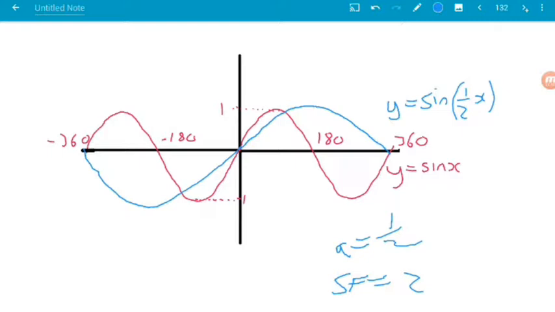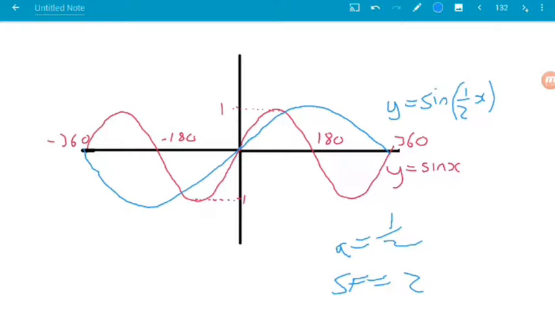Let's label some coordinates. What we can also see is that whereas we had 2 peaks and 2 troughs with y equals sine of x between minus 360 and positive 360, we only have 1 peak and 1 trough.